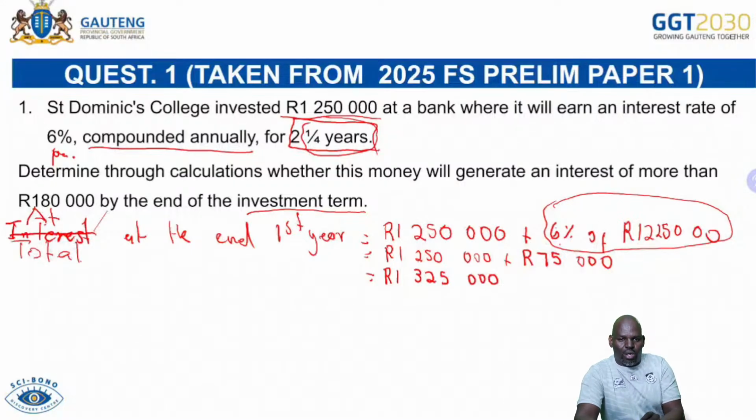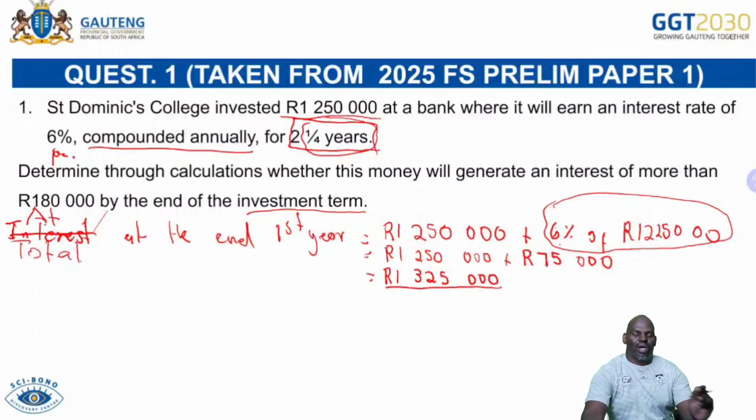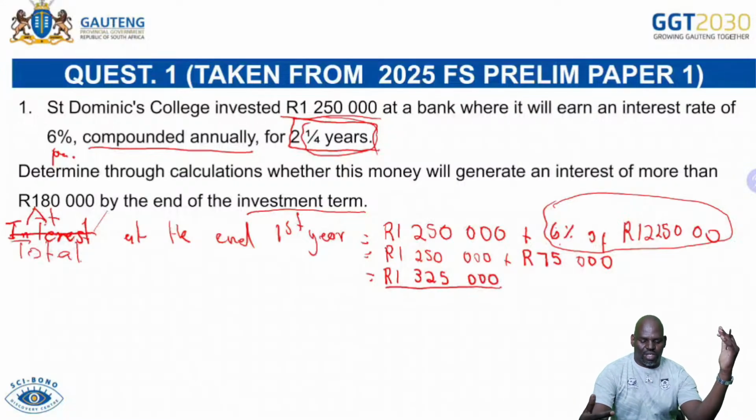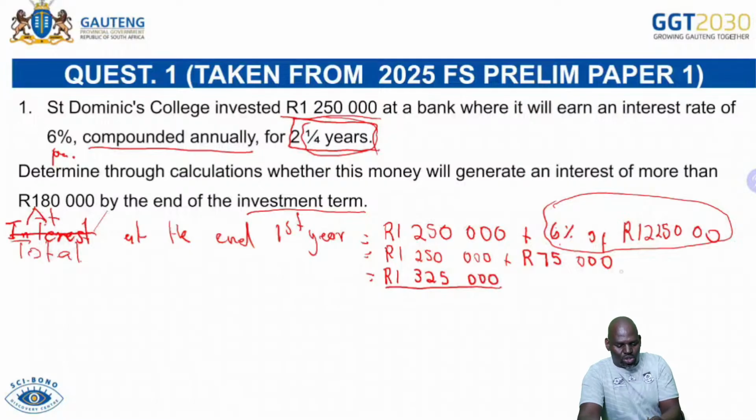But how do I calculate the interest? The interest is 6% of 1,250,000. So this is the total amount already, which is the 1,250,000 plus the interest. The interest only is 75,000.